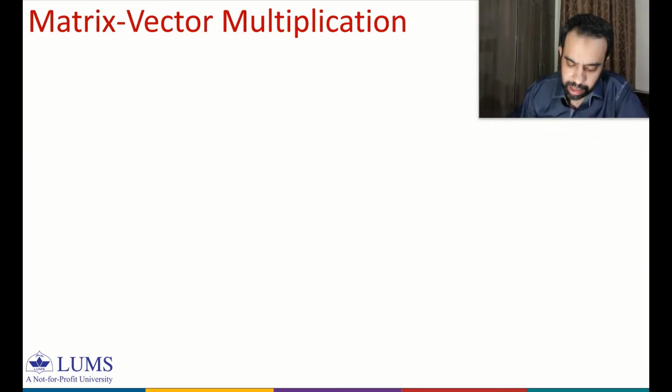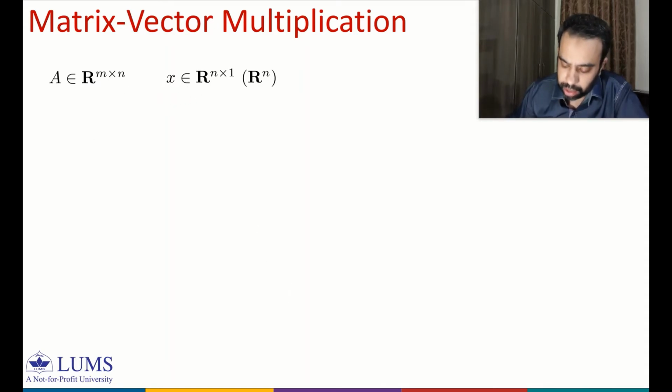We define a matrix vector product for a matrix A with m number of rows and n number of columns, and we take a vector x that has n number of rows and one column, so it's a vector of size n. And we define the multiplication between a matrix A and vector x when number of columns of A, n, is equal to the size of this vector n.